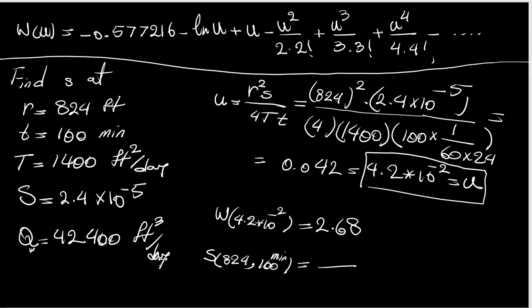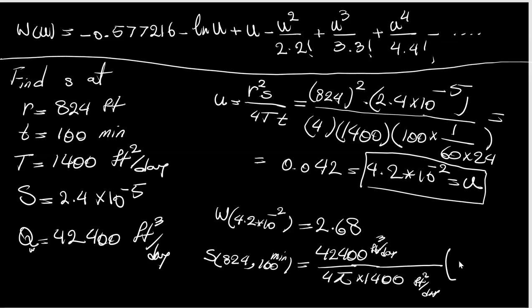The formula was s equals Q over 4 times pi times T, where Q is 42,400 cubic feet per day and T is in feet squared per day, times W(u), which is 2.68.